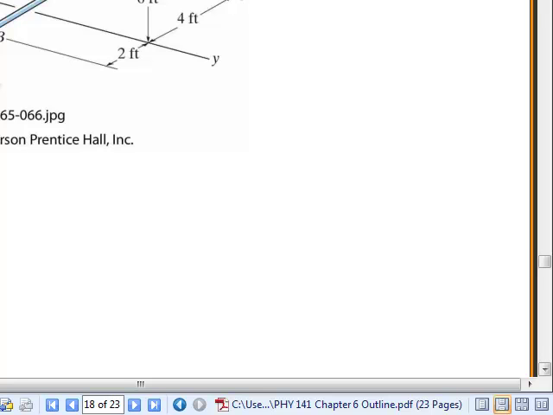So even though I'm pretty sure that GE and GF are both going to be in compression, and GD might be in tension but might also be in compression, I'm going to draw them all in as tension. And I'm going to expect at least two of them to be negative, meaning compression.